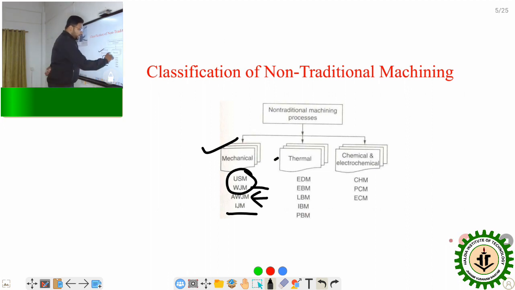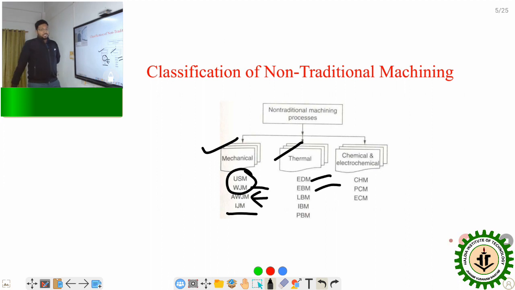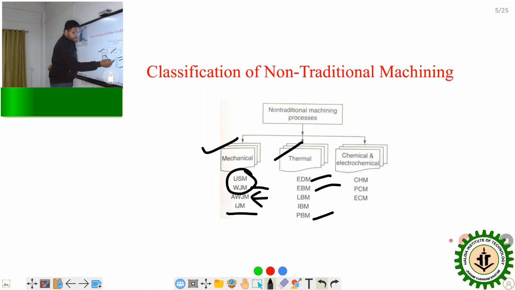Now for the thermal energy source, there are EDM and EBM. EDM is electric discharge machining, EBM is electron beam machining, and there are also plasma beam machining, laser beam machining, and ion beam machining. Those consume energy from a thermal power source.